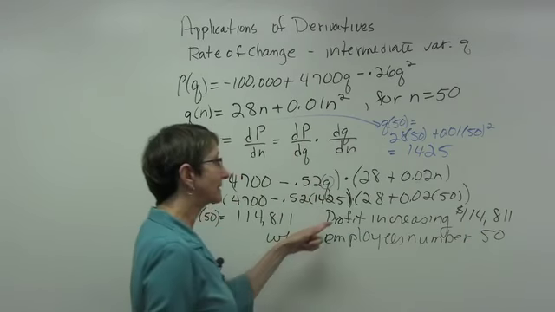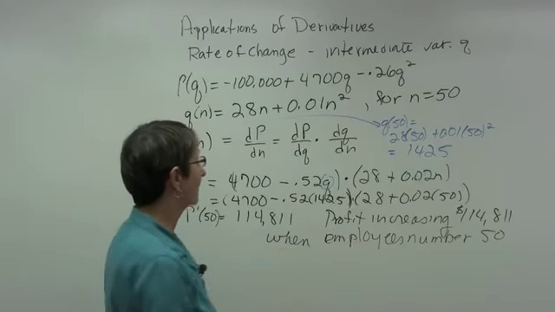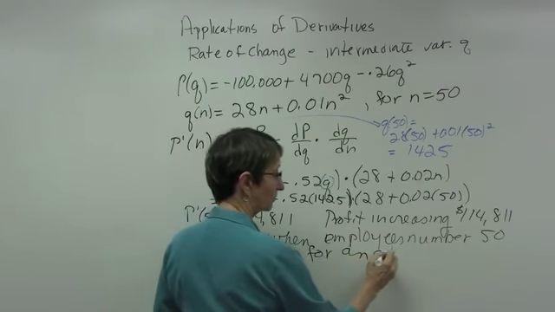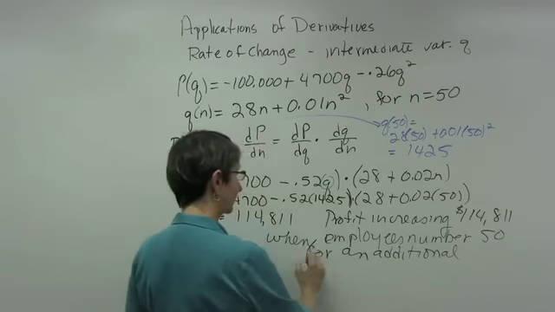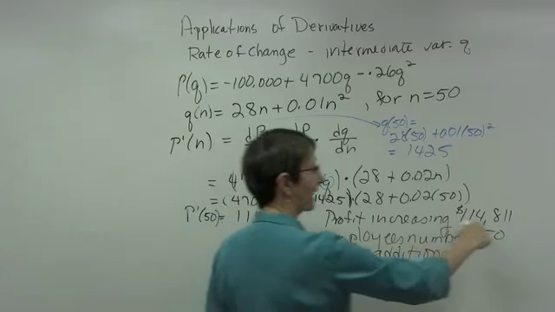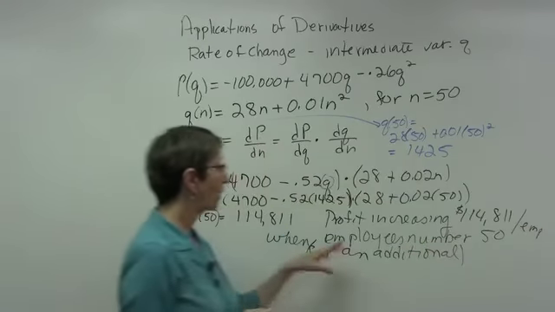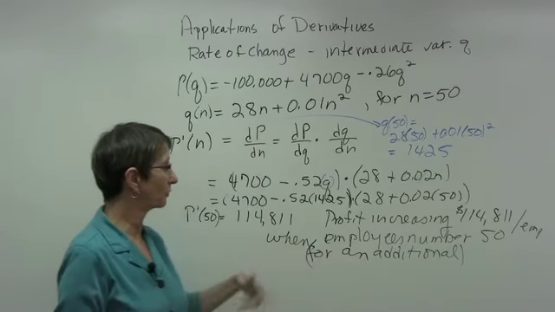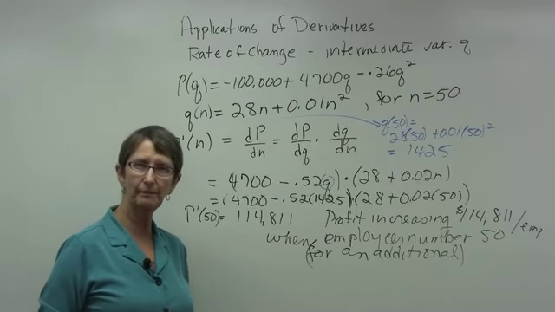And when I say profit is increasing that amount when employees number 50, that would mean for an additional employee. Or you could say it's increasing that much per employee when there are 50 employees already there. That seems like an awful big jump for one more employee. Must really get everybody all cranked up to make some more laptop computers.